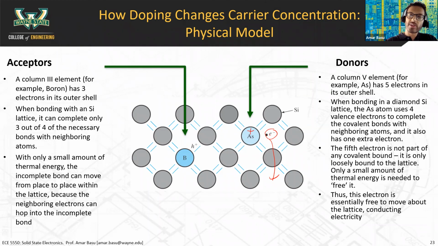But if one of those electrons moves away, now the nucleus has one effective positive charge, one extra proton. So this is a positively charged atom.